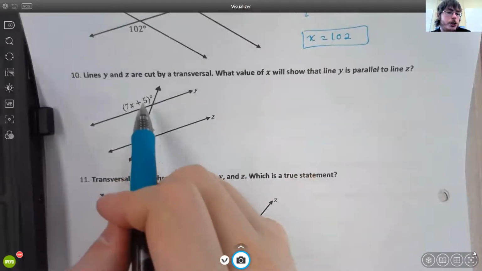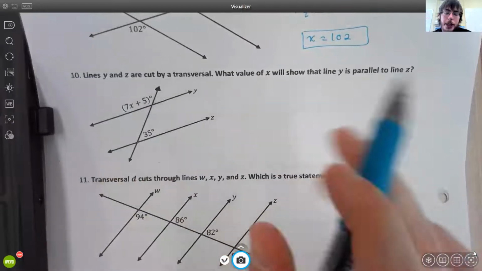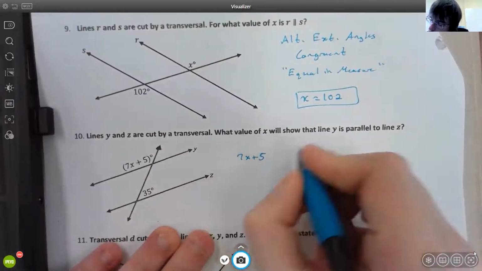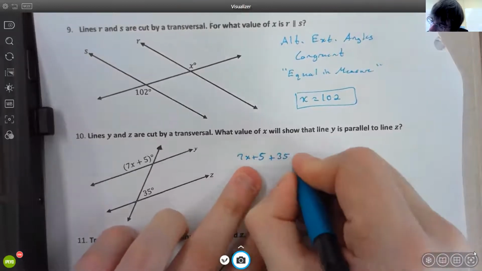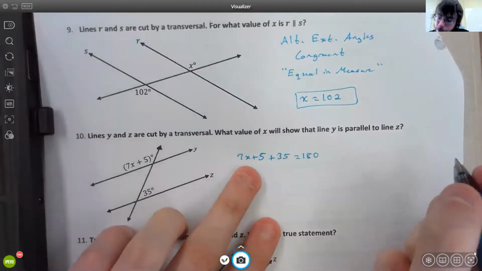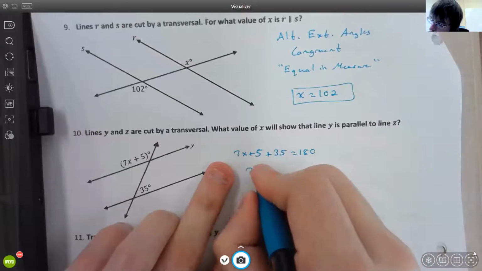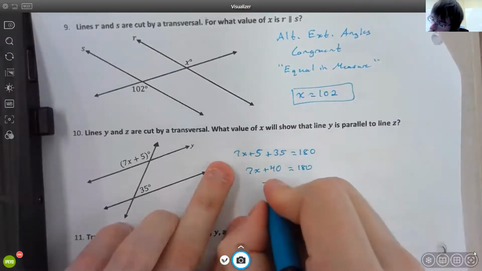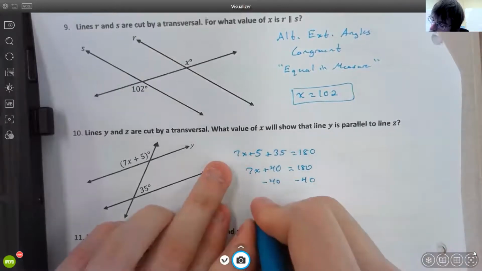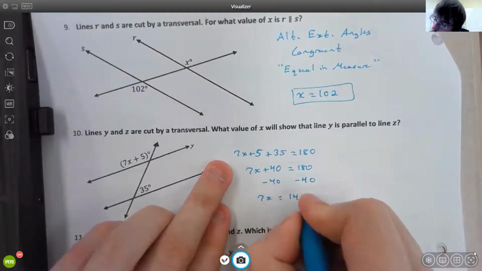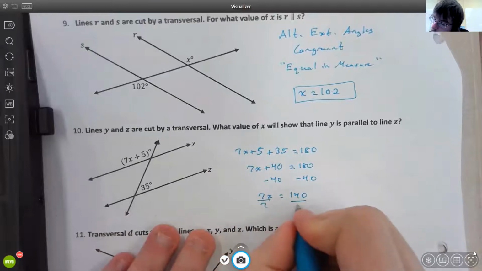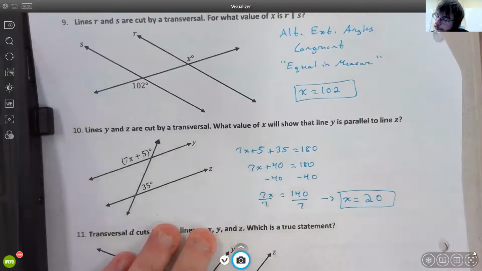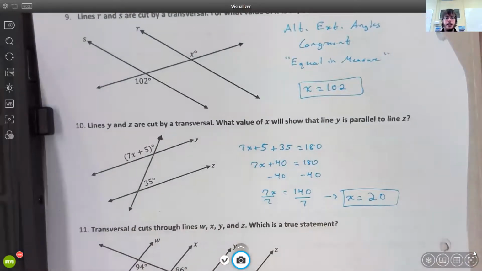So these two angles must be supplementary. So 7x plus 5 plus 35 has to equal 180. Combine like terms and you get 7x plus 40 equals 180. Subtract 40 from both sides and you get 7x equals 140. Divide both sides by 7 and you get that x must be equal to 20 in order for them to be parallel.